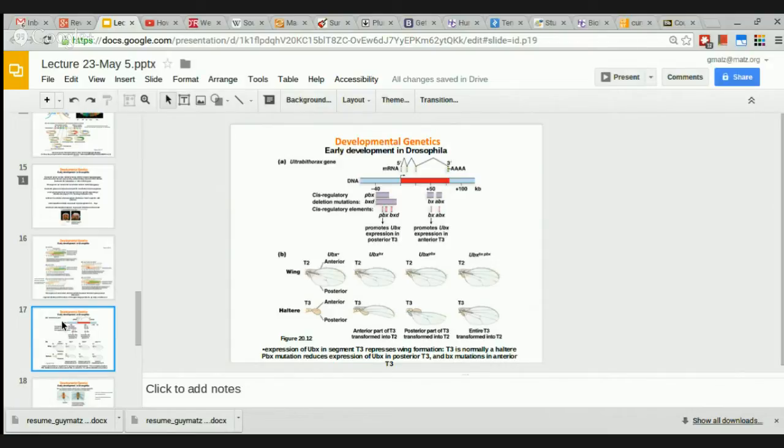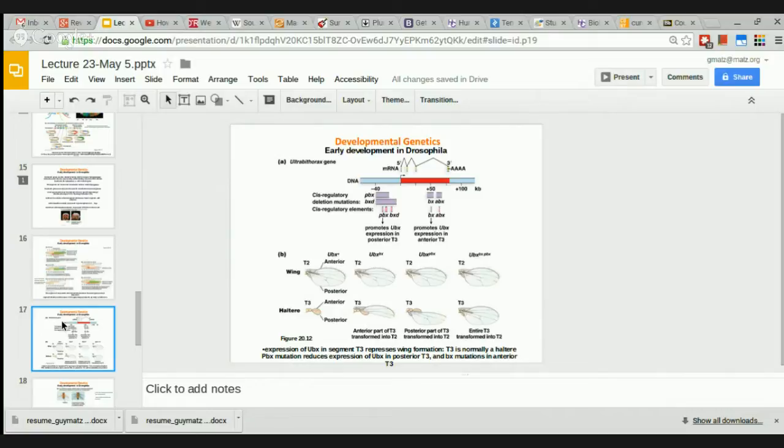So if you don't make UBX in the anterior end of T3, you have a wing instead of a haltere, and that's for the posterior, post-bithorax mutation. And these are in regulatory regions, enhancers.